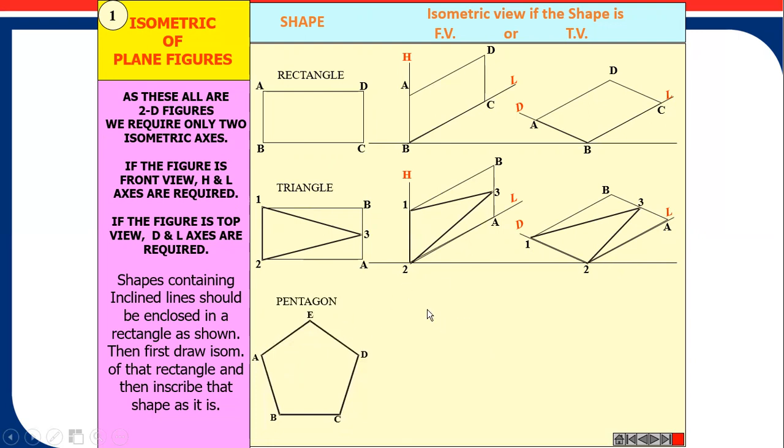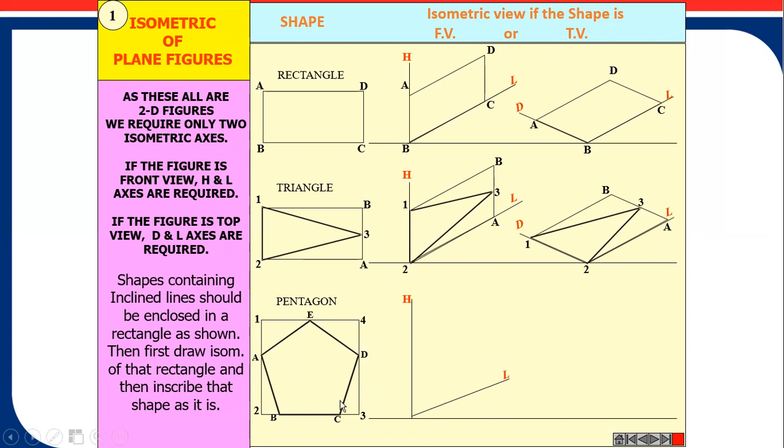Now a pentagon. For example, for a pentagon again make a box or a rectangle, with numbering 1, 2, 3, and 4. All these points A, B, C, D up to E. You can draw these two axes, the vertical and this side.